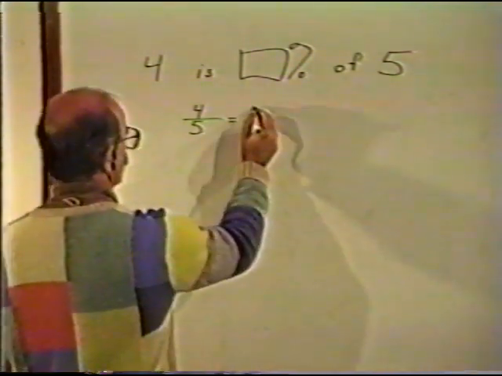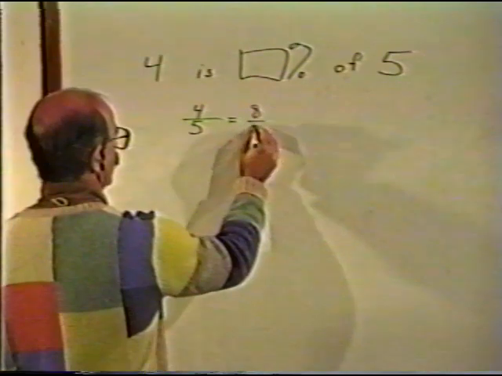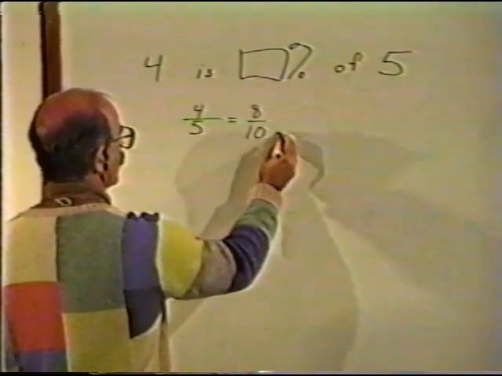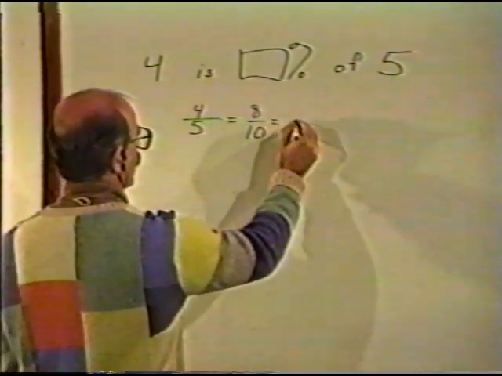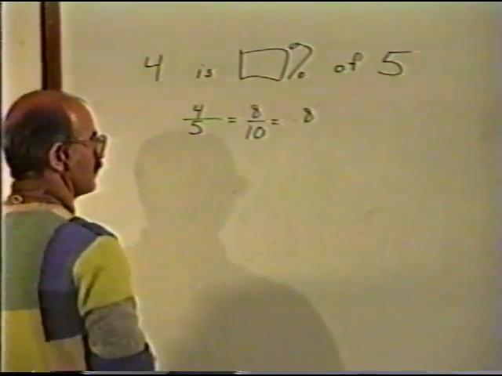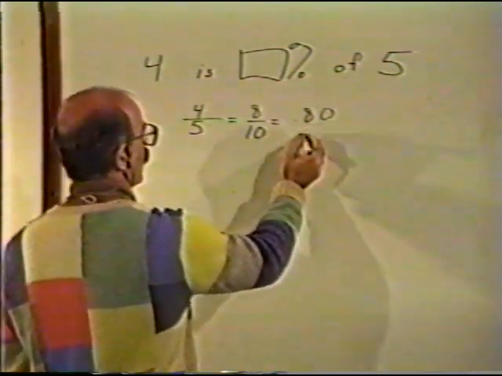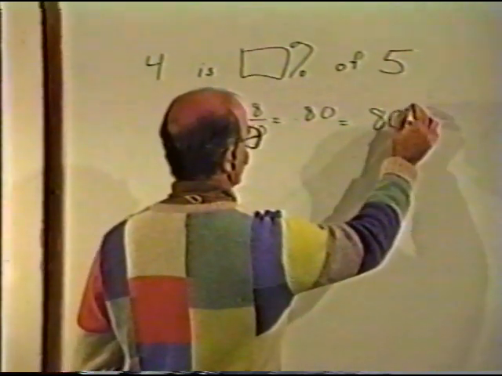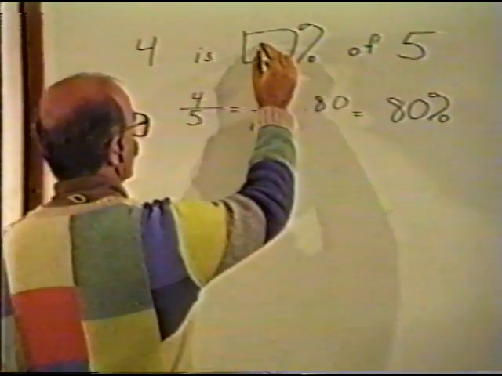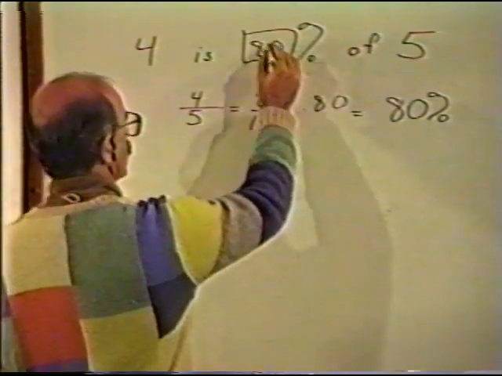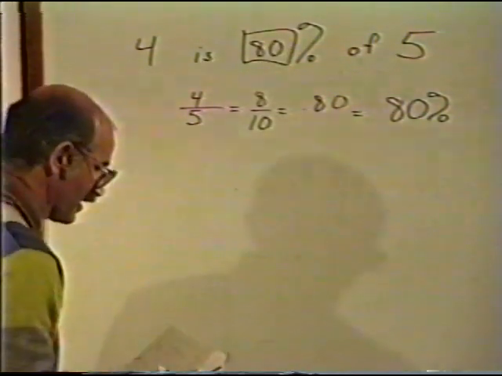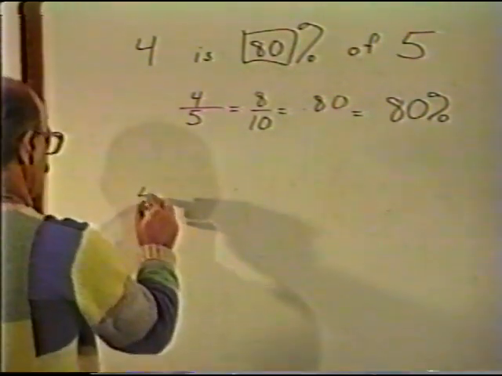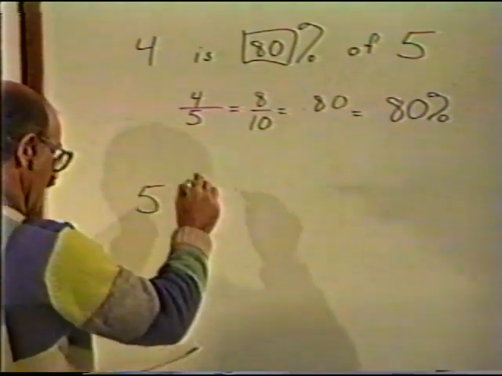If you forgot, you can raise it up to 8/10, and you can even say 8/10 as a decimal, add a 0, move over 2 places, and you'll see that it's 80%.